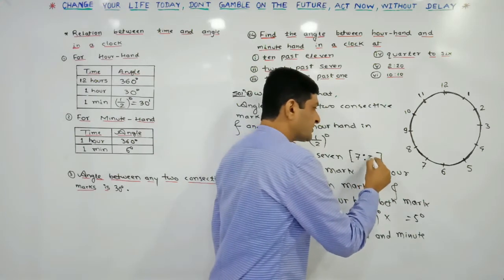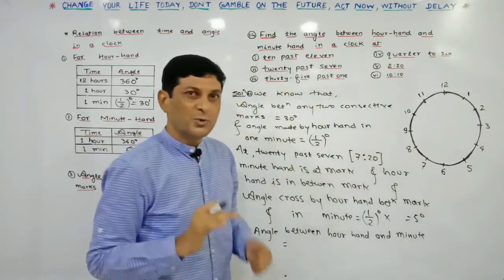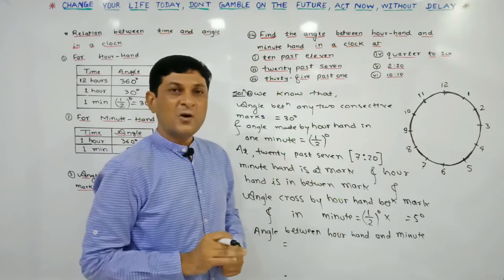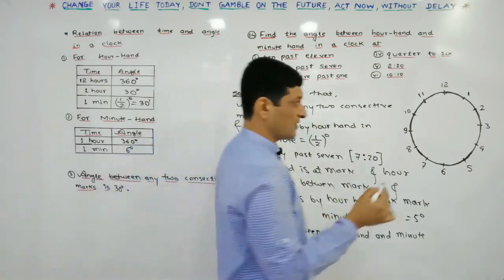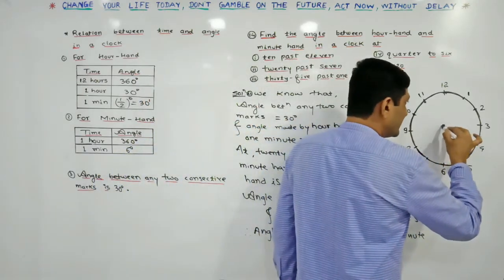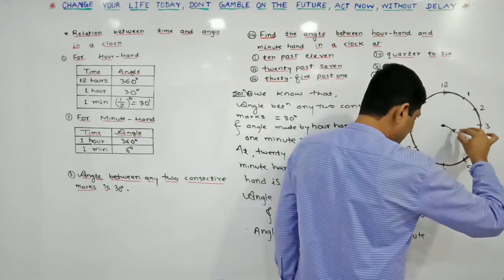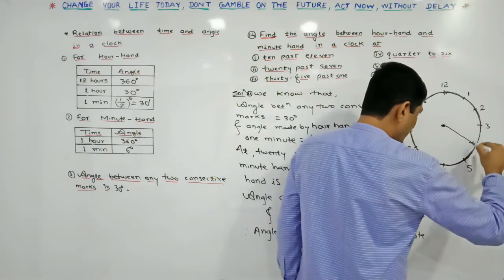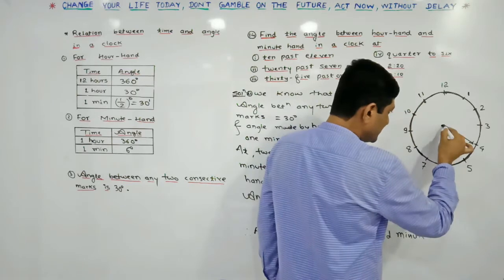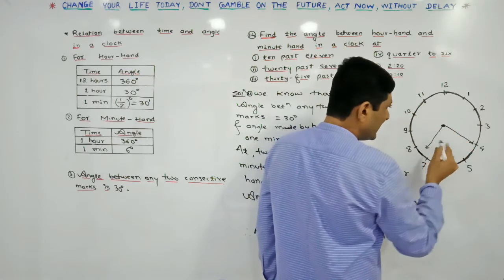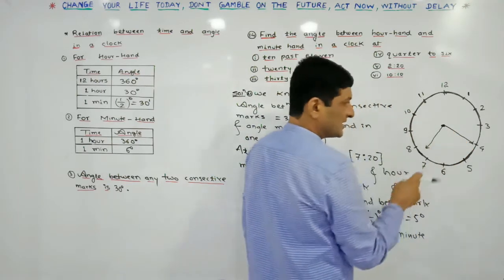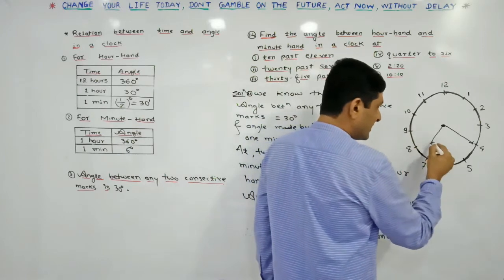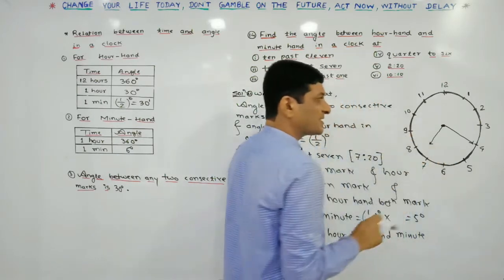So 20 past 7 means 7:20. At 7:20, first we have to find out the position of the minute hand and the hour hand of the clock. At 20 minutes, the minute hand is at mark 4, and the hour hand is in between mark 7 and 8.